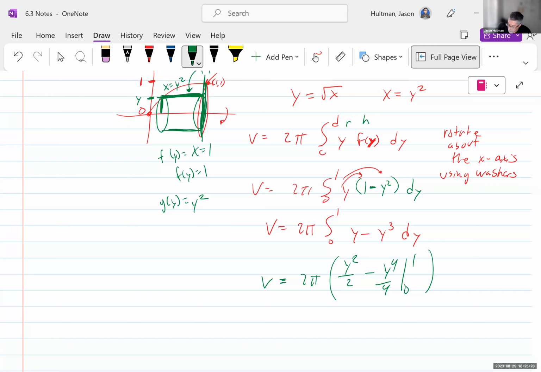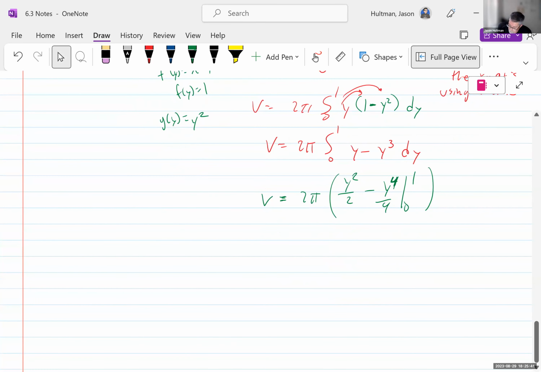I don't know at what point I should stop plugging in the 0. Probably never, because when we start dealing with e to the x's, it doesn't go to 0. But you always kind of want to check to make sure that things are actually going to 0 if they're going to 0. But this should just be 1/2 minus 1/4.